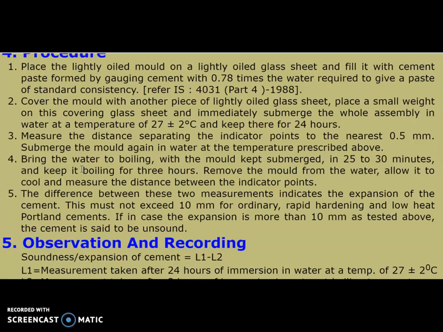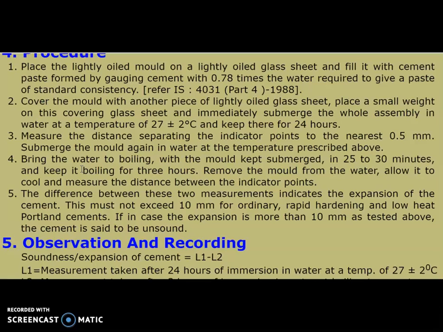Once that is done, you measure the distance separating the indicator pointers to the nearest 0.5 mm. So you note it down very accurately using a vernier caliper. And then after that you keep this entire assembly in a boiling water bath, bringing it to boil in around 25 to 30 minutes, and you keep it for around 3 hours.